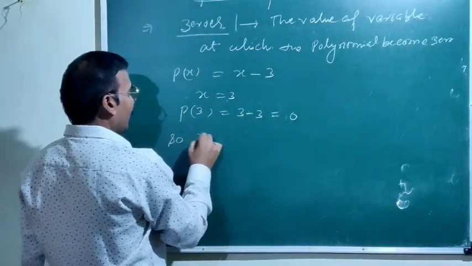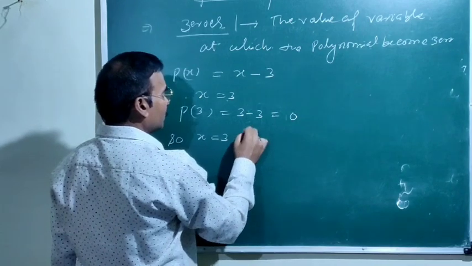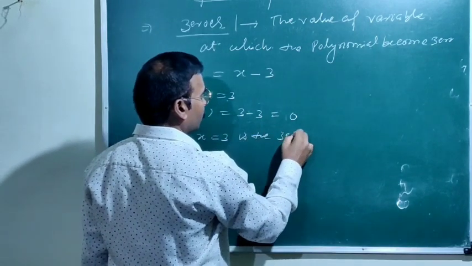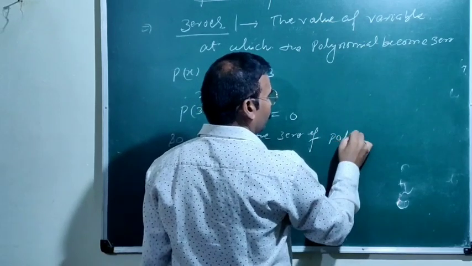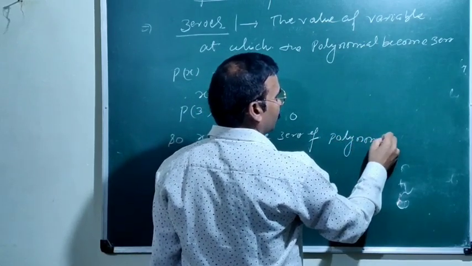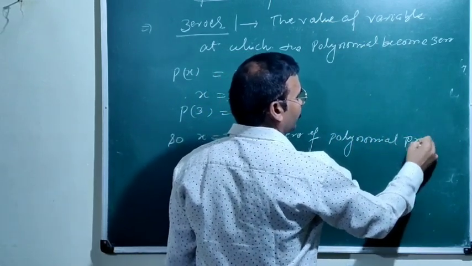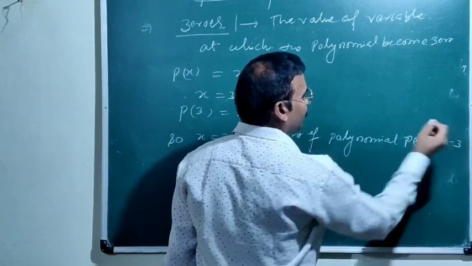So x equal to 3 is the zero of polynomial p(x) equal to x minus 3.